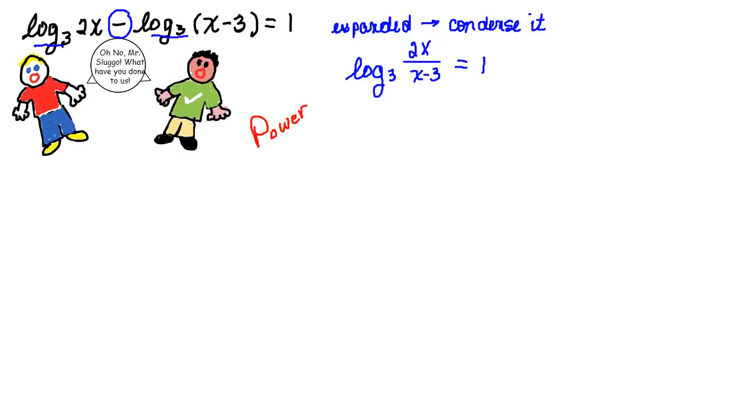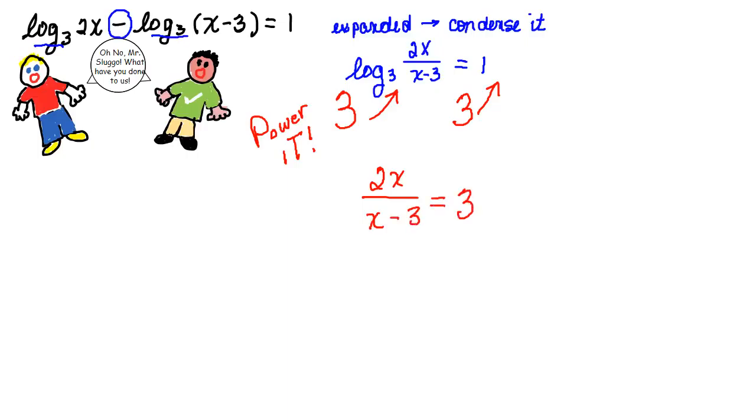Mr. Bill and Mr. Bob know that. And so we're going to give it a base of 3, power up the log, which means we have to power up the answer. And so we end up with 2x over x minus the 3 equals 3 to the power of 1, which everybody knows is just 3.